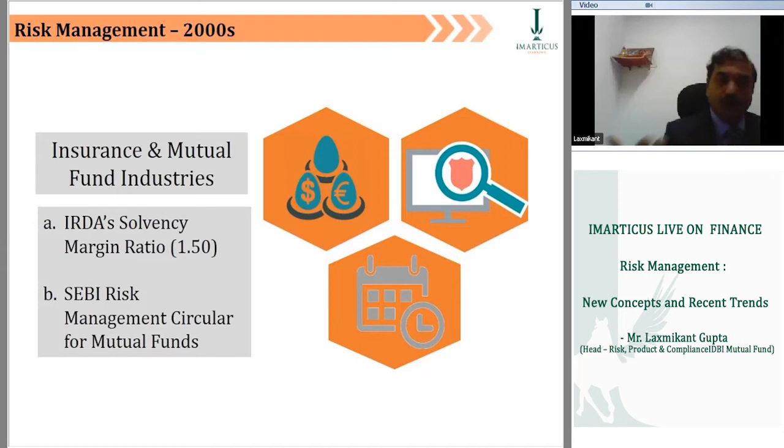Fourth, it specified guidelines for portfolio and market risk management for mutual funds. The focus was more on the equitable treatment of investors. The concept of equitable treatment of investors came in around that time, where it was about treating all investors at par, without giving preference to one type or category of investors over another.